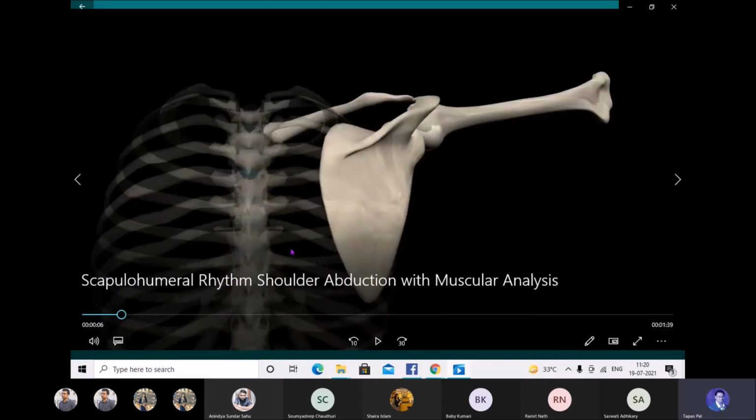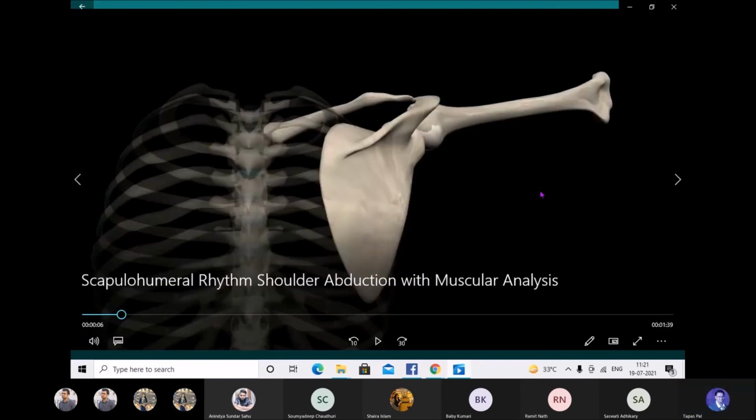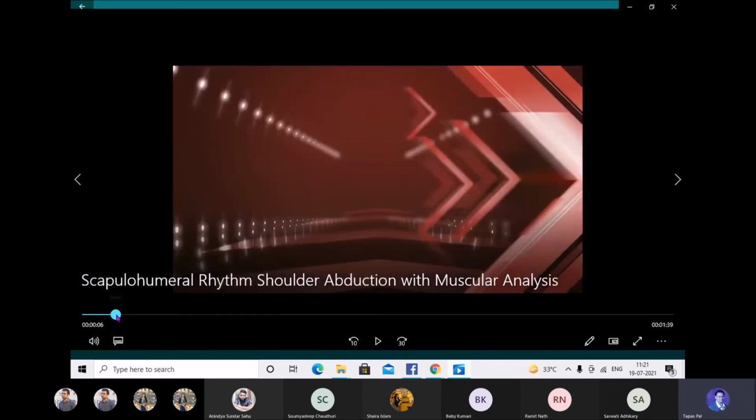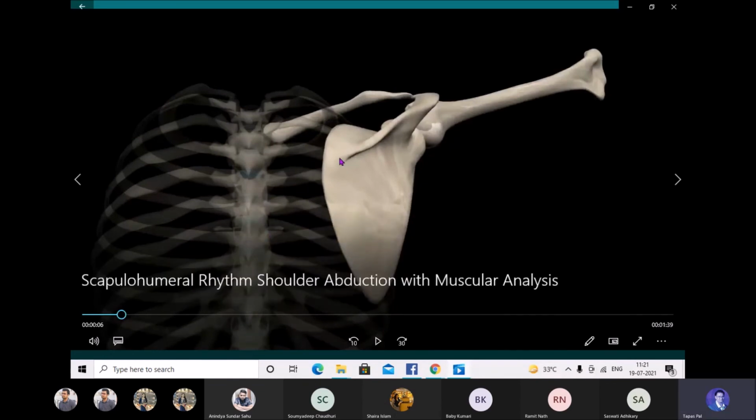Who are the scapular stabilizers? Here comes the main muscle, the rhomboids. What happens to those who do not train their rhomboid muscle and go directly for a match or a game? দেখো ভালো করে দেখো, the time you are doing the abduction, the scapula is also rotating.